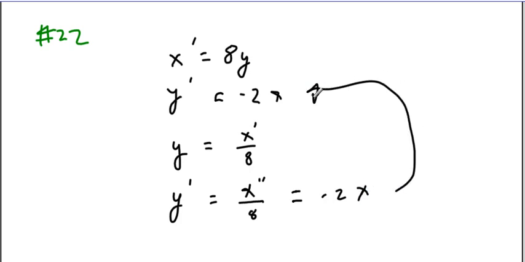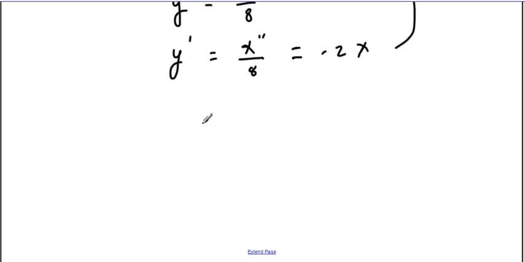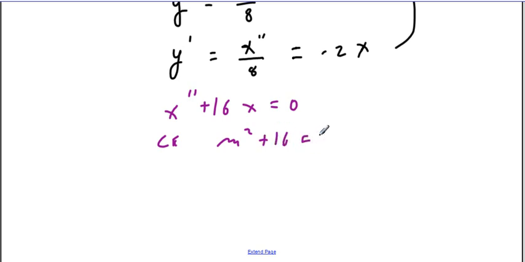Well, that being the case, I can rewrite that and say I have x double prime plus 16x is 0. I have a characteristic equation, m squared plus 16 is 0. I have an m of plus or minus 4i.